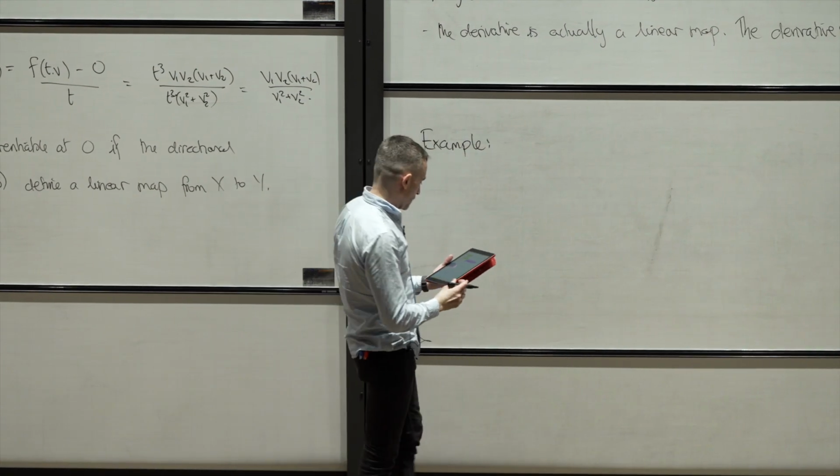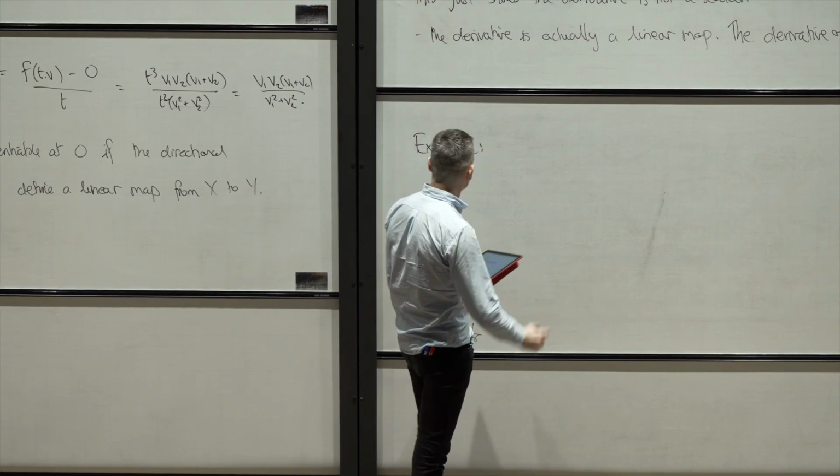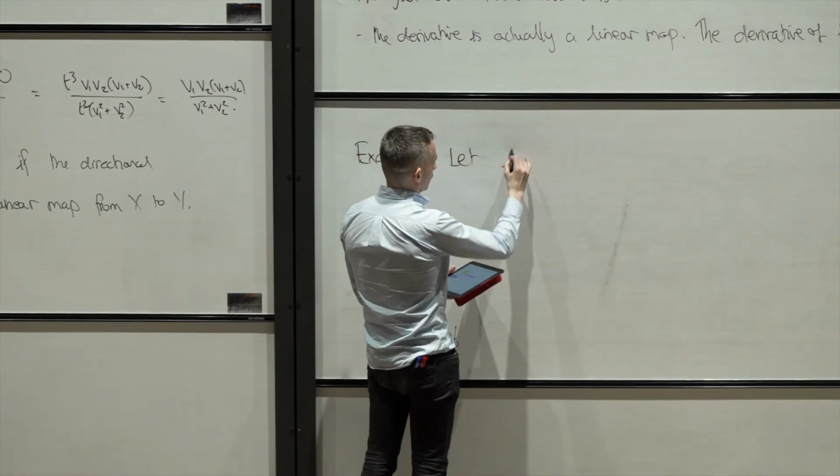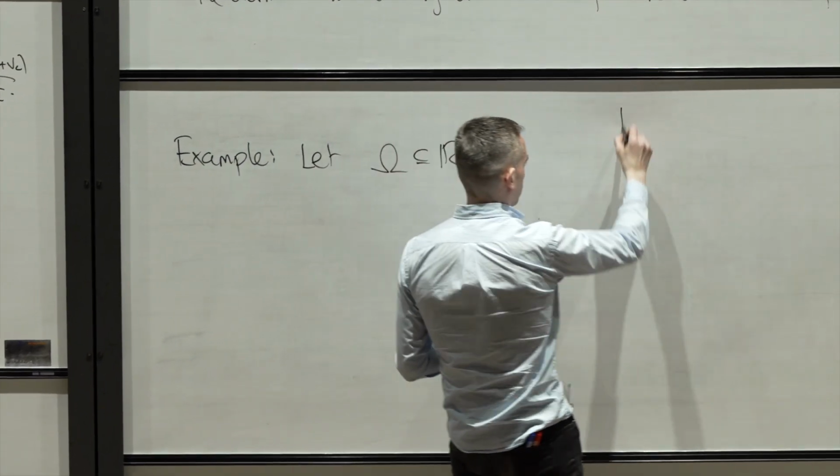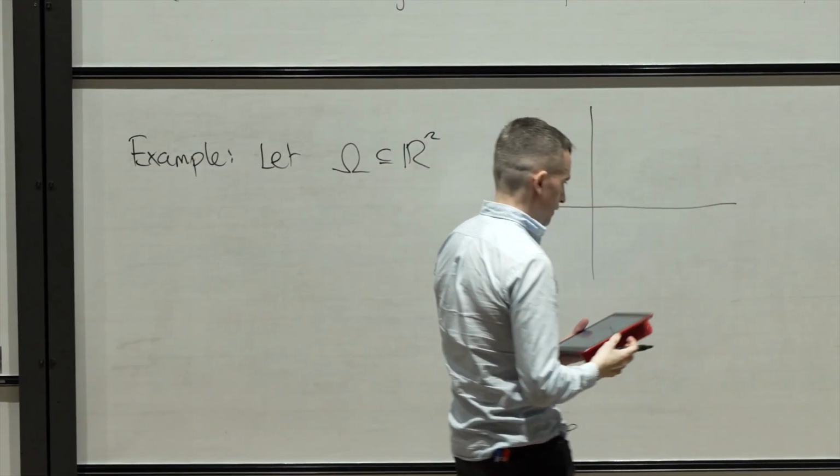So the example that I want to consider now is just let omega be the following region in the plane.